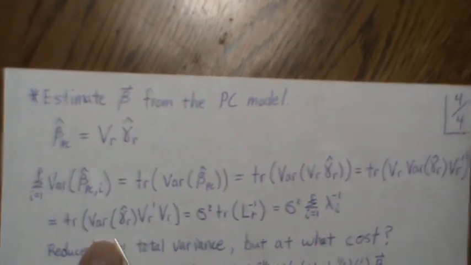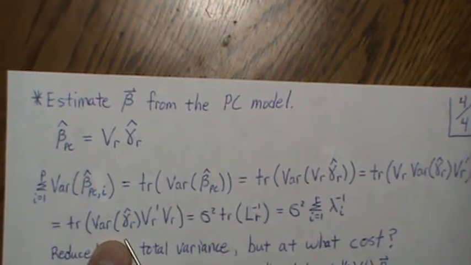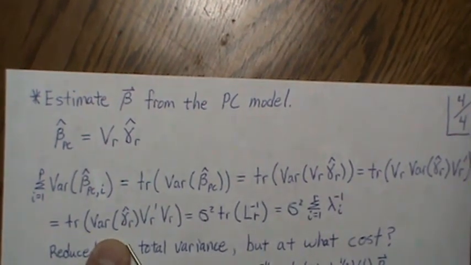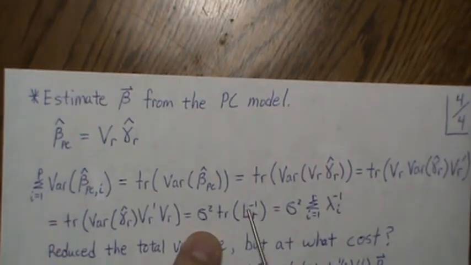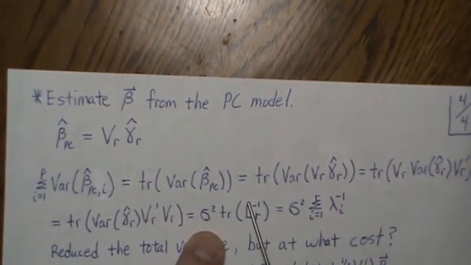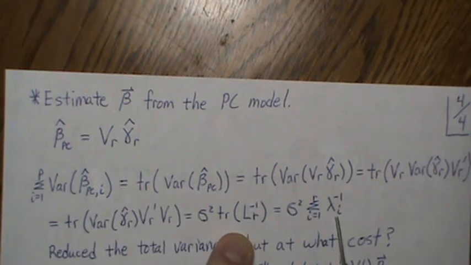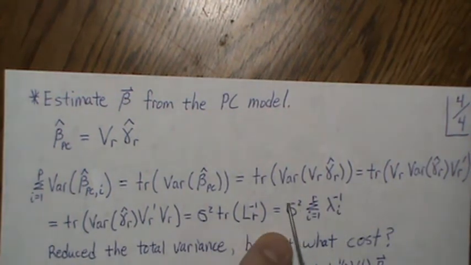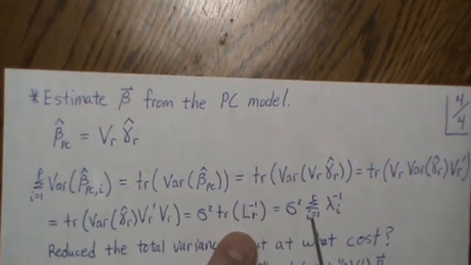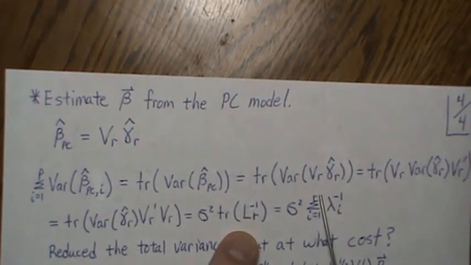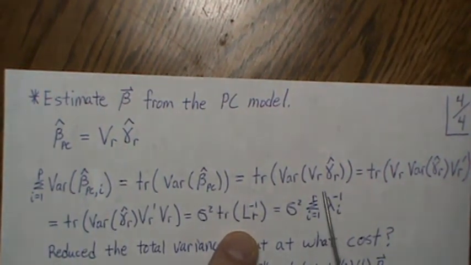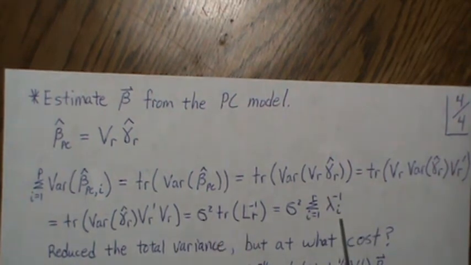So we're left with just the variance of this, which is sigma squared, and then that diagonal matrix. So it's the trace of that diagonal matrix, which is the sum of the lambda i to the inverse. Notice that it only goes from 1 to R, not 1 to P. We've removed the P minus R eigenvalues that are really small.